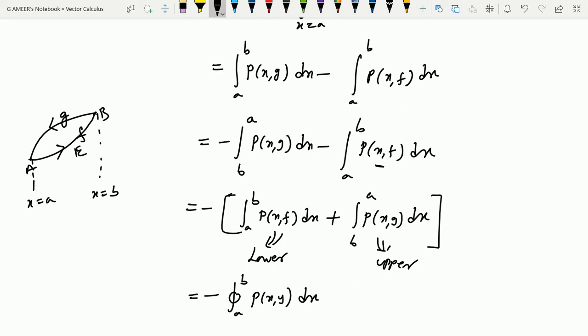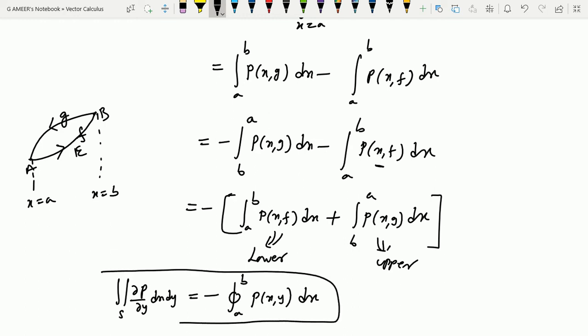Okay, that's it. So finally what I have proved here is that the surface integration of dou p by dou y dx dy is equal to this much. Okay, fine.